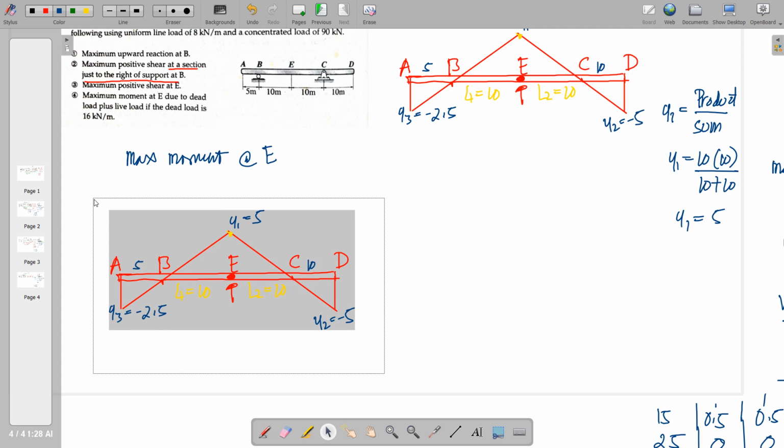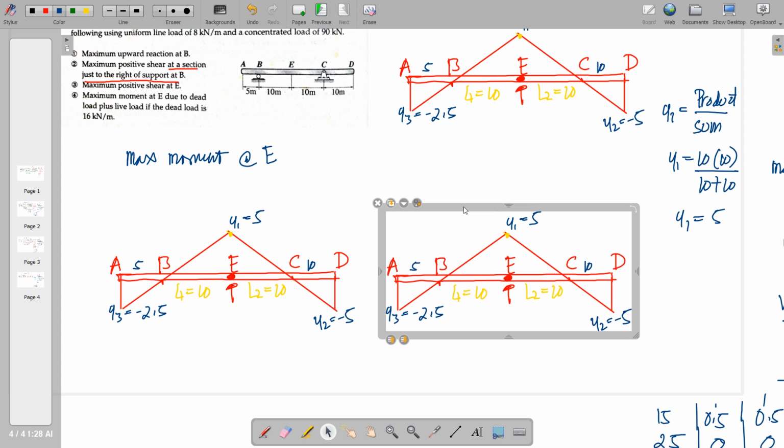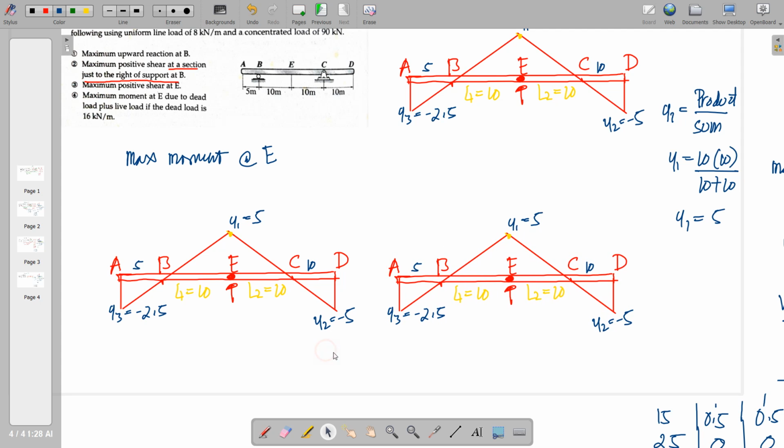So as we have discussed, live loads are placed only on the positive side of the diagram, unlike dead load. The distributed load is placed all over the beam. So let us have that one.